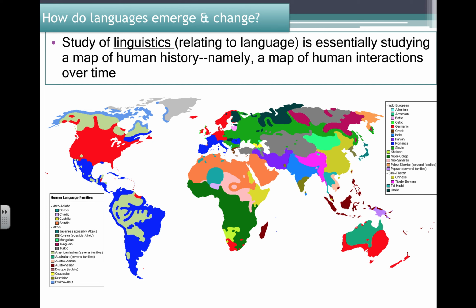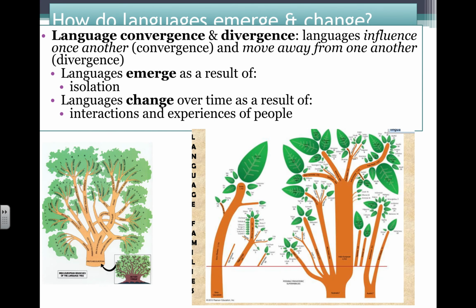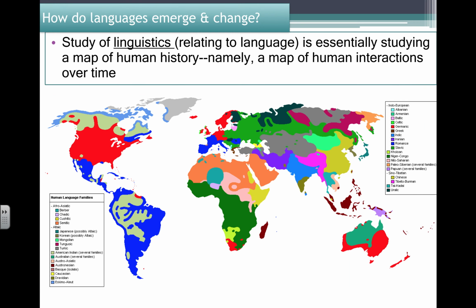So what you're looking at there is actually the language families and the distribution of language families. This, again, is a language family, and we're tracing languages that have common ancestors, common roots. We'll talk a little bit later about those classifications of languages, of what makes a language family versus this branch or group. But bottom line here is that languages converge, they interact with one another, and they diverge. They're isolated and they move away from one another and remain distinct from one another.